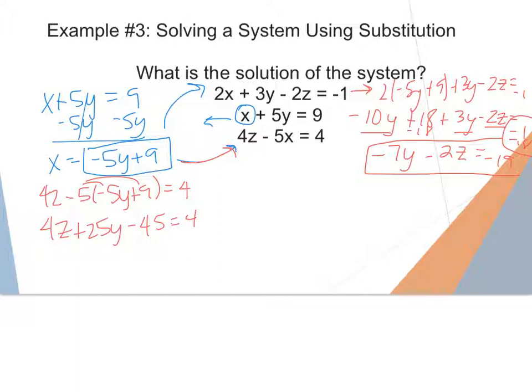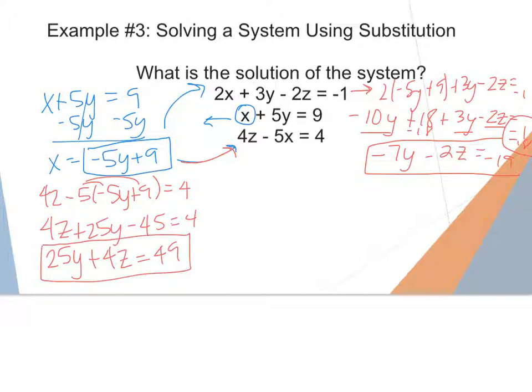If I add 45, I will have 4z, and let's go ahead and put this in alphabetical order to make it easier for us. So I'll make that 25y plus 4z is going to be equal to, remember I'm adding 45 over, so it's going to be 49.